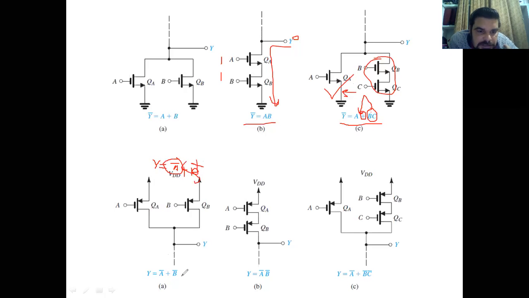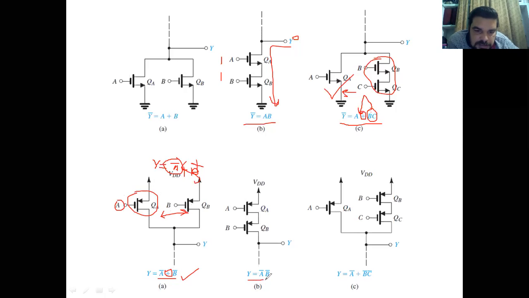Here you can see that these inputs are already in complement form, so you can easily design this. In the pull up network we will use PMOS. So this is your PMOS having input A. Remember the input is already A, not A bar. This plus sign will obviously indicate the connection in parallel. You can see that these two PMOS are connected in parallel.